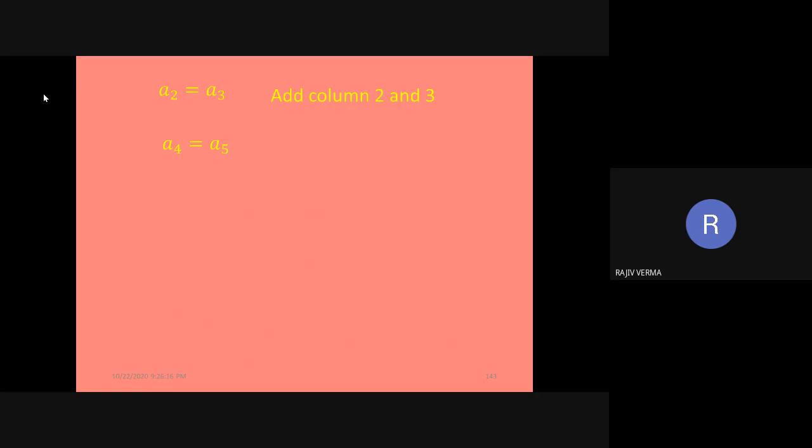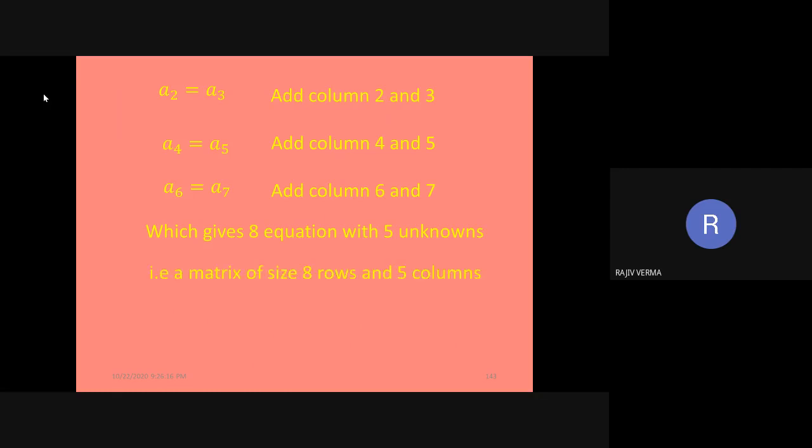Similarly, for the second constraint equation, a4 is equal to a5, we are going to add column 4 and 5. Similarly, when a6 is equal to a7, we are going to add column number 6 and 7. This is going to give us 8 equations with 5 unknowns, which means that the matrix which we get is of size 8 rows and 5 columns, which basically is not a symmetrical matrix.